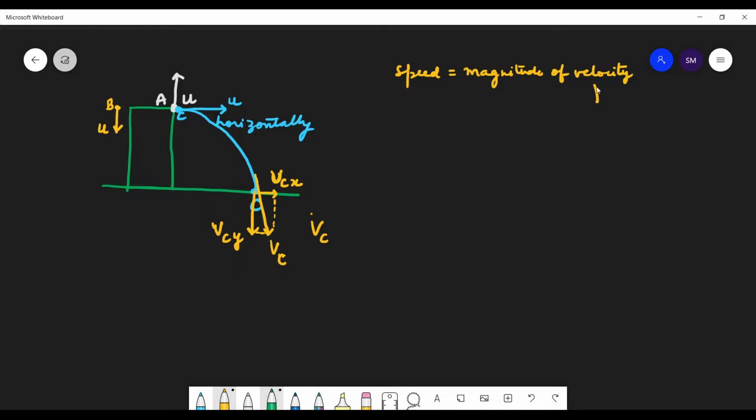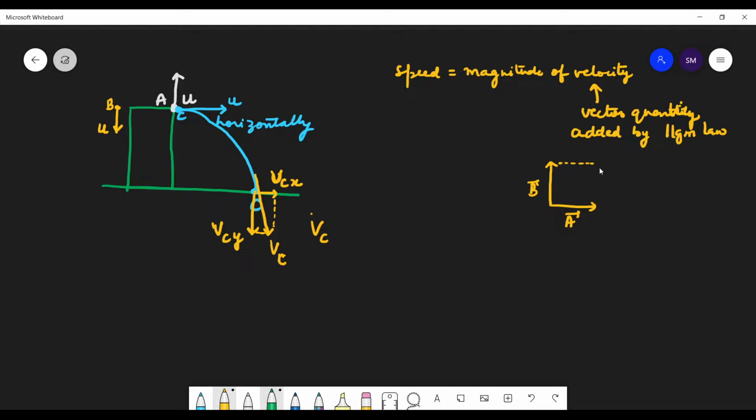See, velocity is a vector quantity. So how are vector quantities added? They are added by parallelogram law, which is very easy. See, you have to add two vectors, this vector A, this is vector B. So you are supposed to add these two vectors.